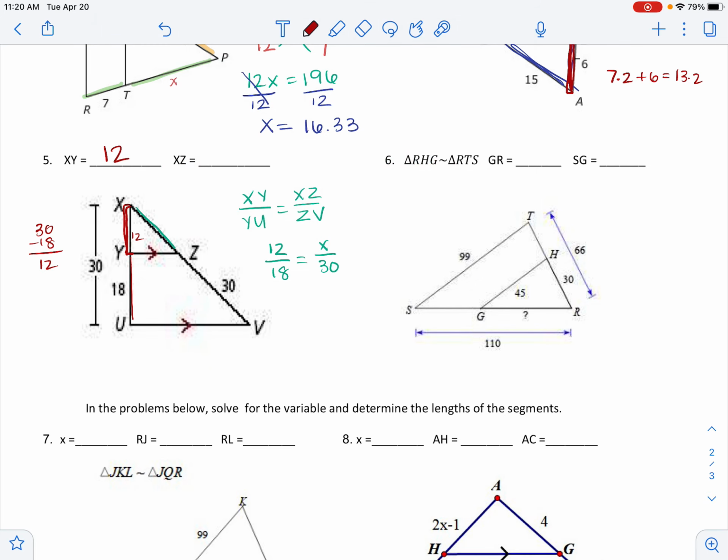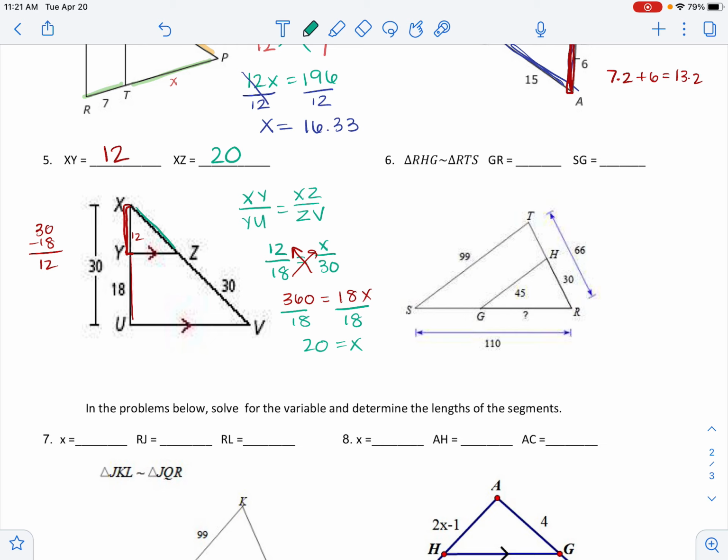I'm going to cross multiply, so 12 times 30 first is 360 equals 18 times x is 18x. Now I'm going to divide both sides by 18. And I get 20 equals x. So that's 20.